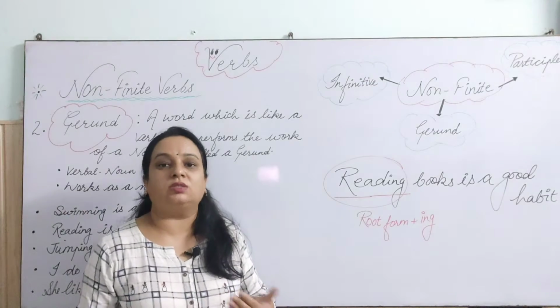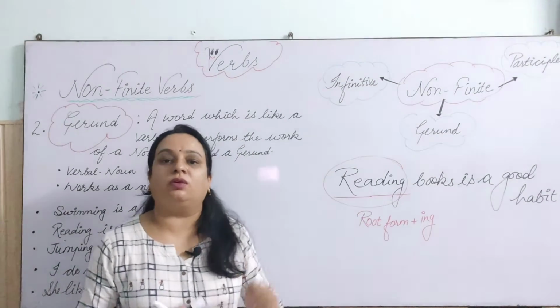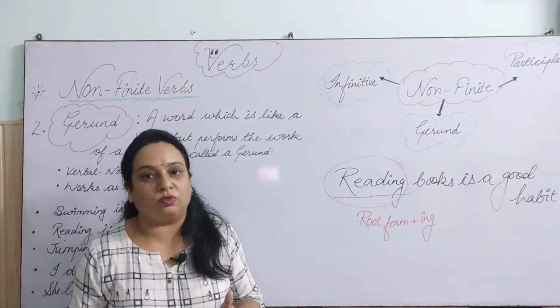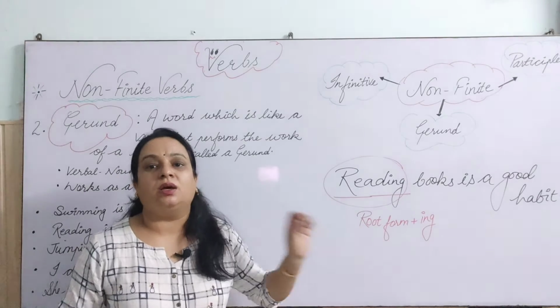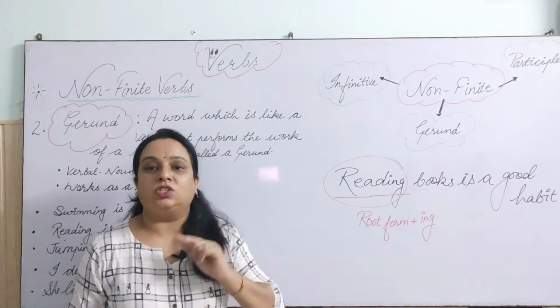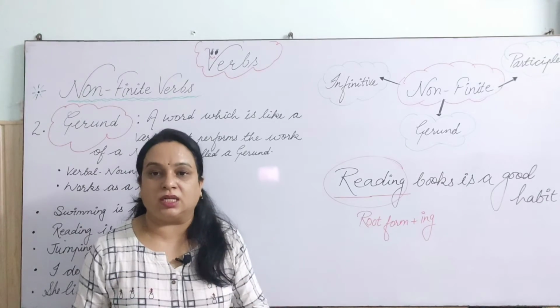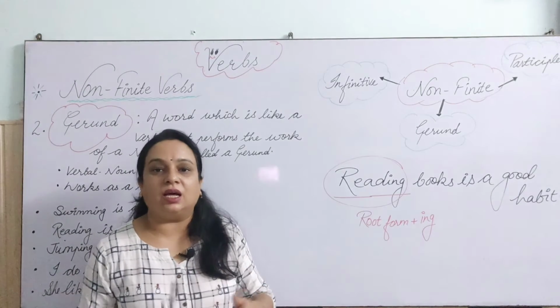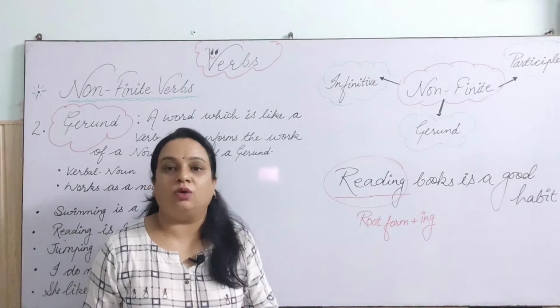This will appear in different ways, okay? Gerund can be used in different ways in the sentence, that also we will learn. But before doing all this, please understand that gerund is used as noun in the sentence. Whether it will tell us about the verb also, but it will work as noun also.